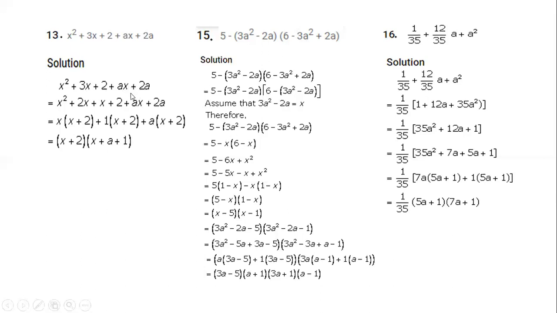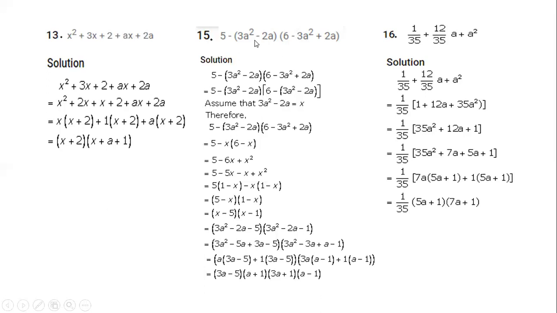This x plus 2 gives us a hint that from these three values, we have to take out x plus 2 as a common quantity. So we can write this 3x as 2x plus x, and consider this one as first pair, this one as second, this one as third, take out x plus 2 common from each pair, and this is the solution of the given expression, (x plus 2) into (x plus 1 plus a).